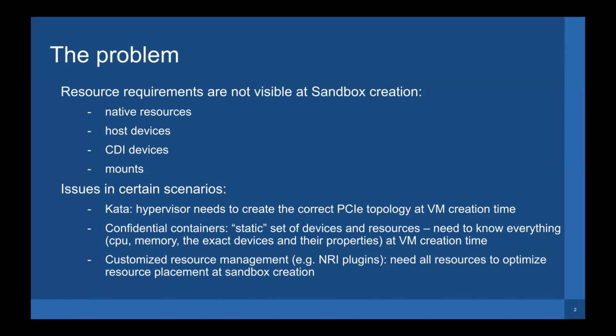Confidential containers is another VM-based scenario where we want to allocate all resources statically at VM creation and not make any changes to the VM resources after the pod sandbox has been created.